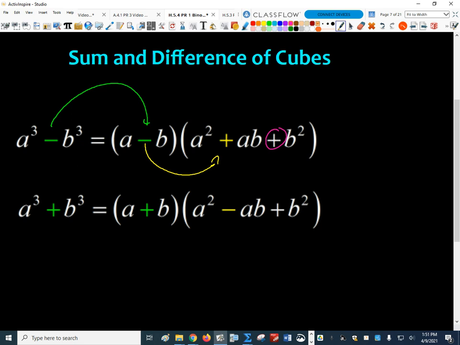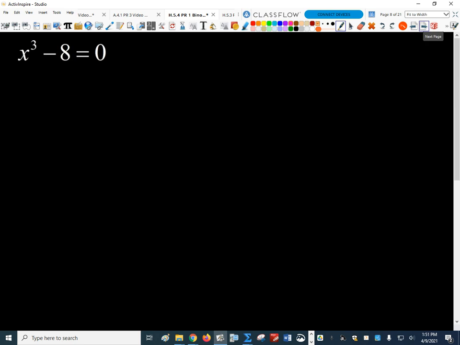Okay, so we could use that pattern now to go back and redo this problem. I could see this as a difference of cubes, right? This looks like x cubed minus 2 cubed. So that's going to fit our difference of cubes pattern. It's going to factor into x minus 2, times x squared plus x times 2, which we'll call 2x, plus 2 squared, which is 4.